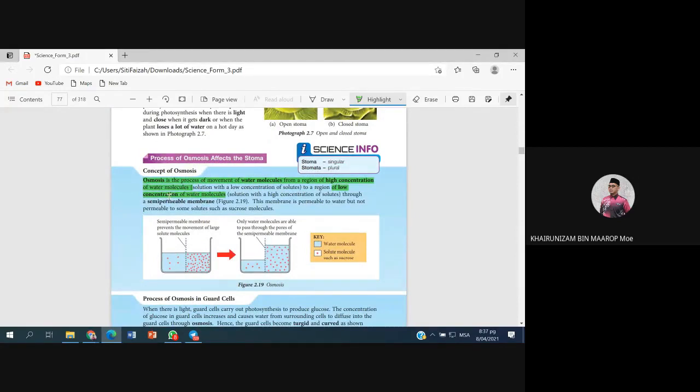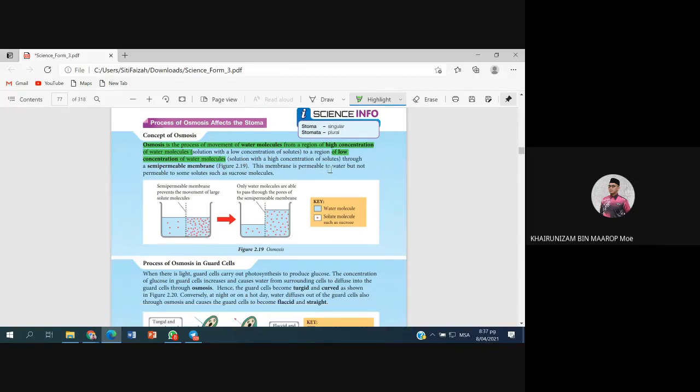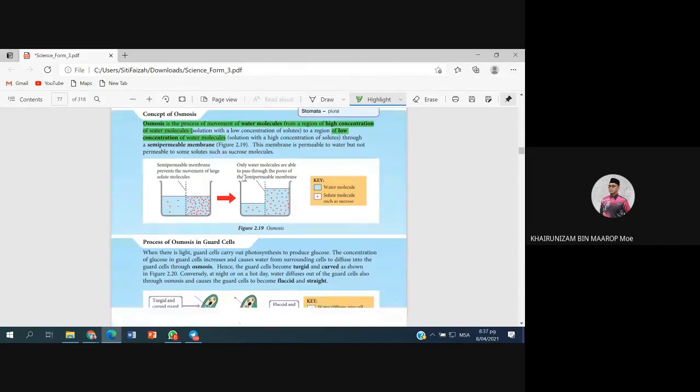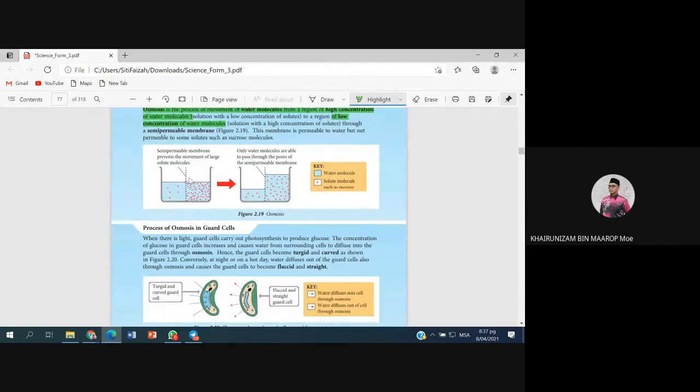So I just explained what is the osmosis process. So I repeat this one. Osmosis is the process of movement of water molecules from a high concentration to the low concentration region. So this is the process to show you how the process of osmosis.